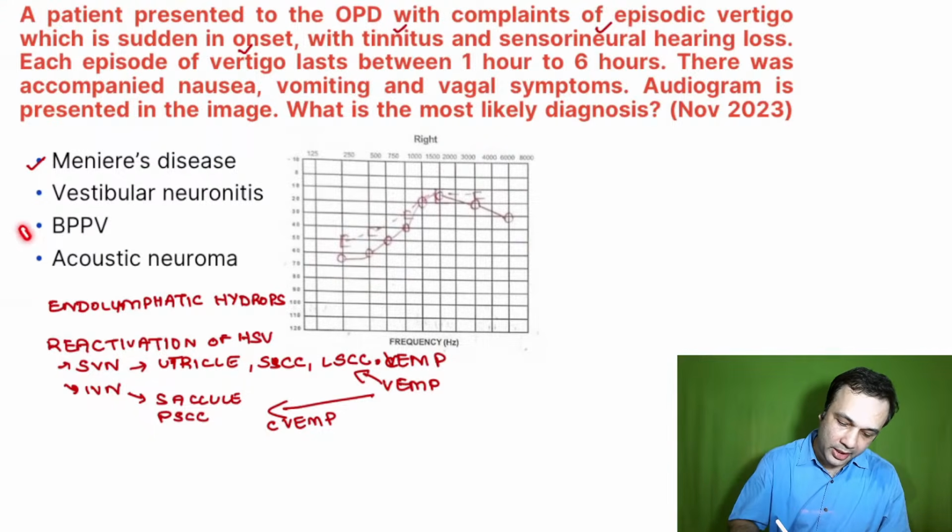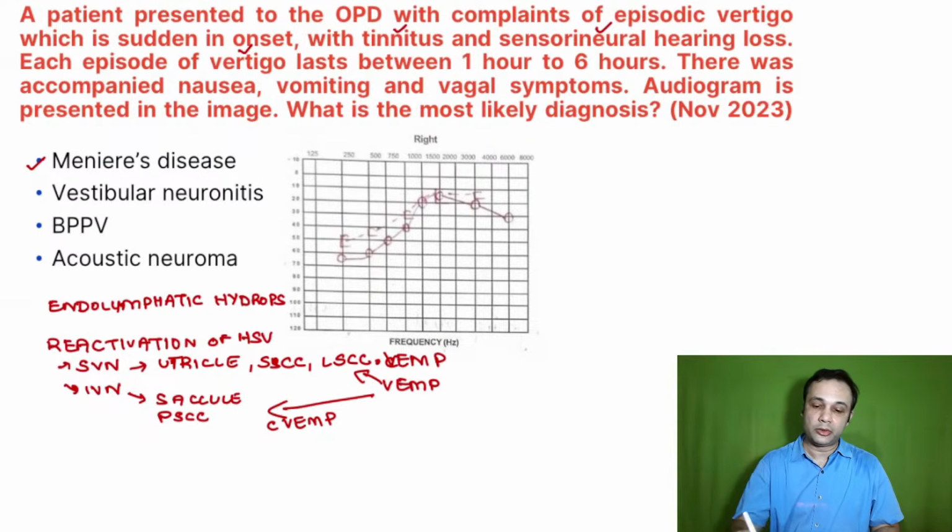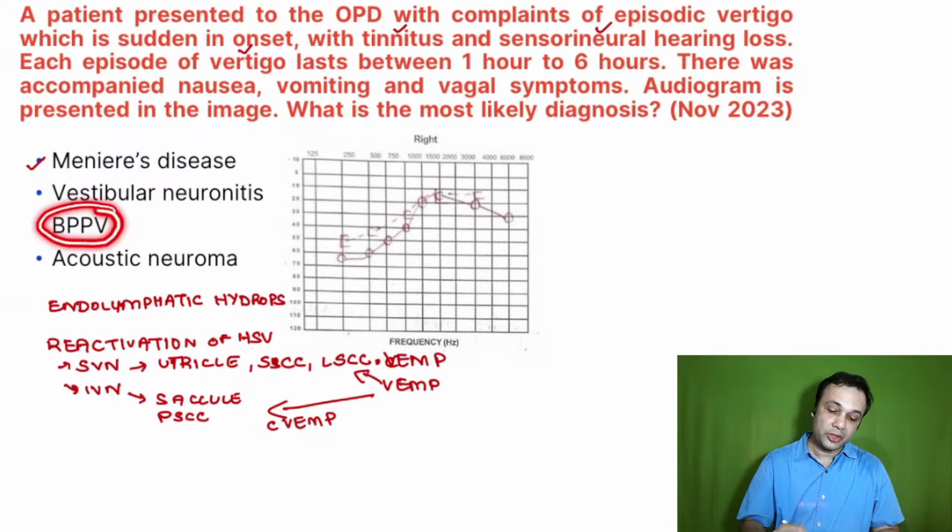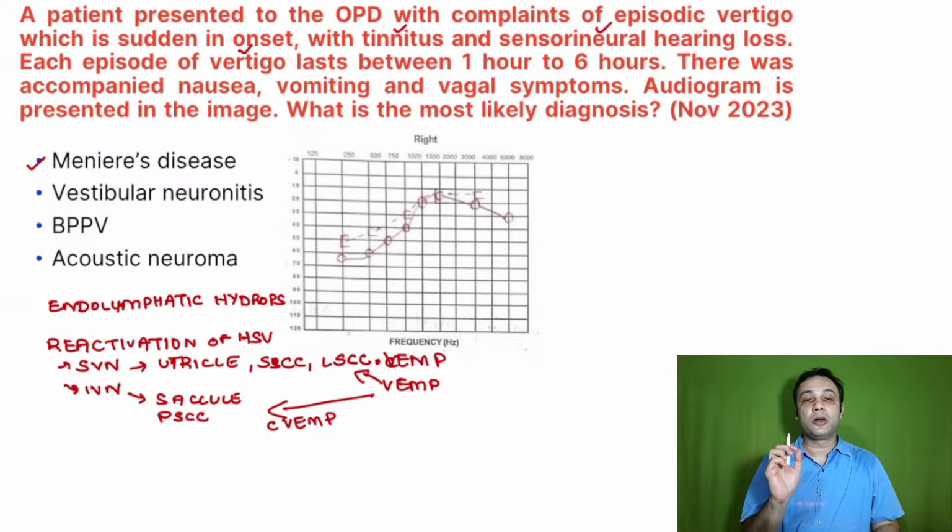You are looking at benign paroxysmal positional vertigo. So this itself takes away that diagnosis. You see, 1 hour to 6 hours. Most of your diagnosis is made by this, right? So benign paroxysmal positional vertigo is dependent on the otolithic organs. There are calcium based otoliths present on top of the sensory organ, that is the macula of the utricle and the macula of the saccule.